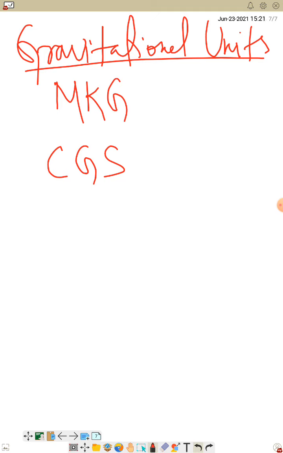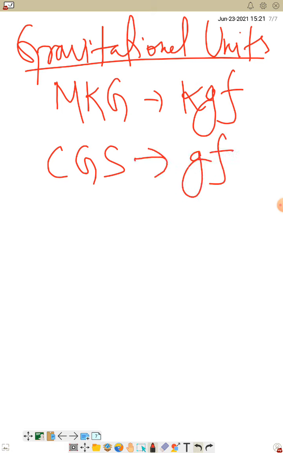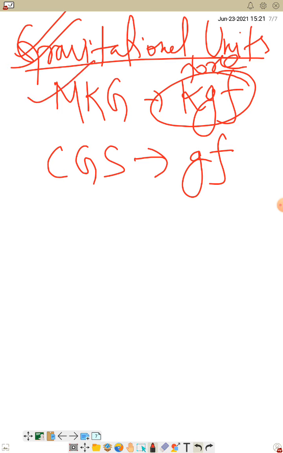SI र CGS हुन्छ नि. So in MKS system it is kilogram force, written as kgf. In CGS it is gram force. So gravitational unit कसको यो force को. Gravitational unit of force is kilogram force in MKS and gram force in CGS.